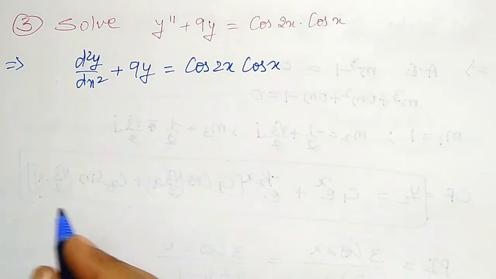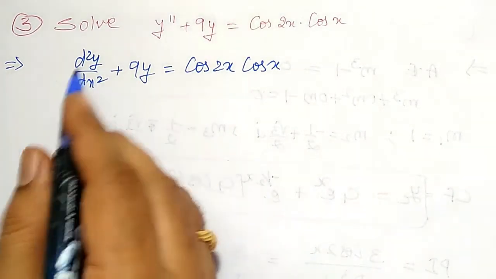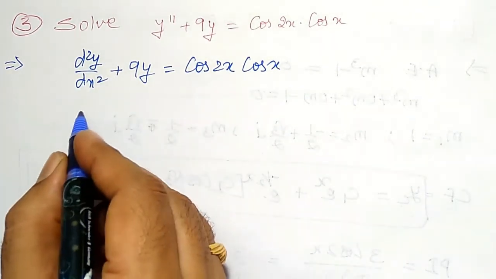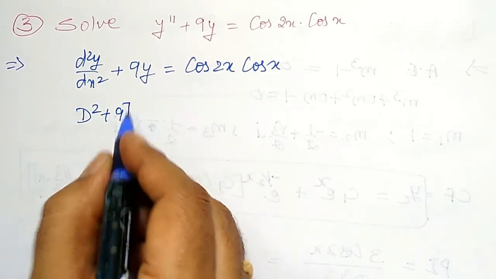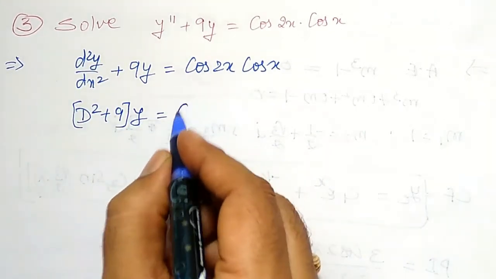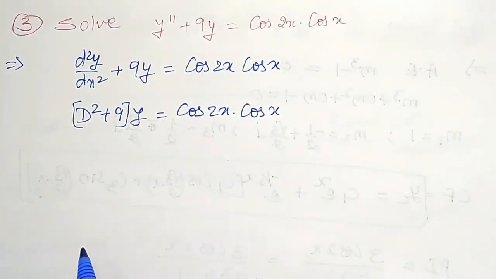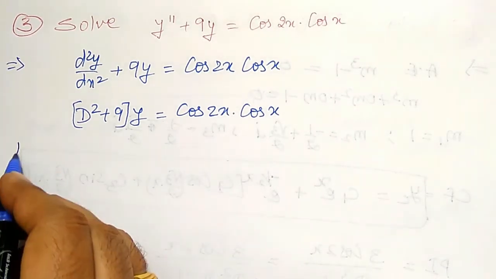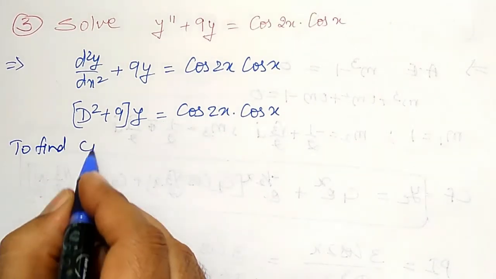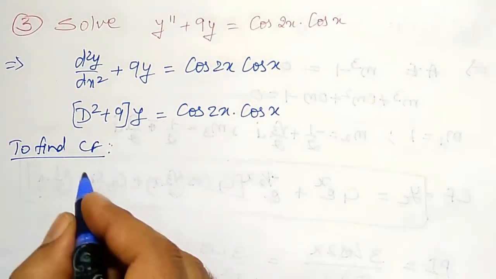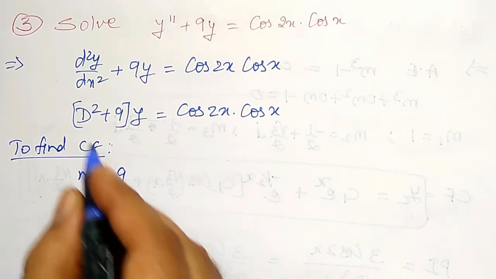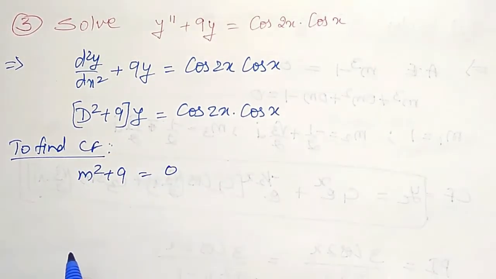Now let me use the differential operator and write the given equation in differential operator form, that is (D square plus 9) y equal to cos 2x into cos x. As it is non-homogeneous, the solution contains two parts, that is CF and PI. To find the complementary function, m square plus 9 equal to 0.